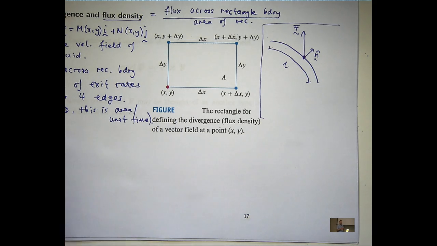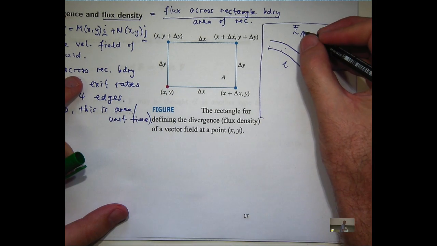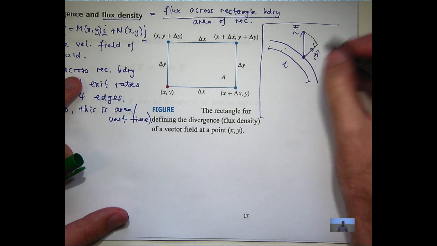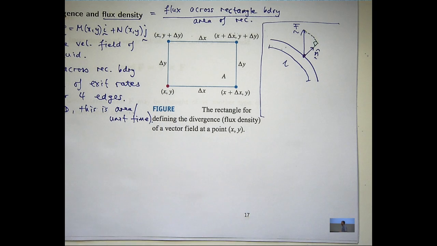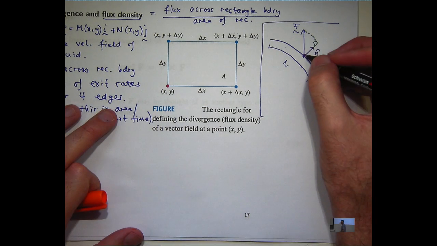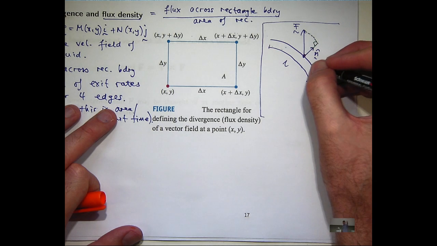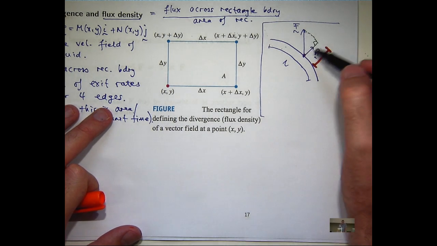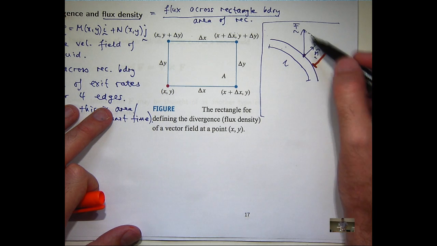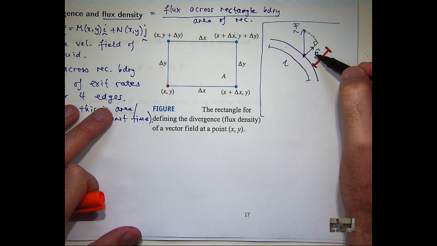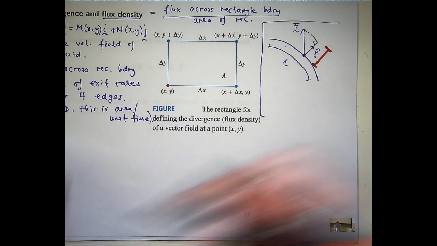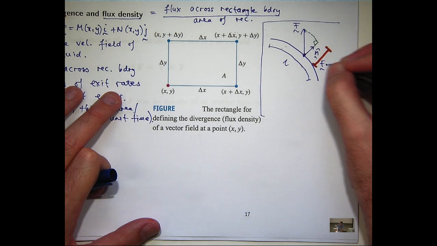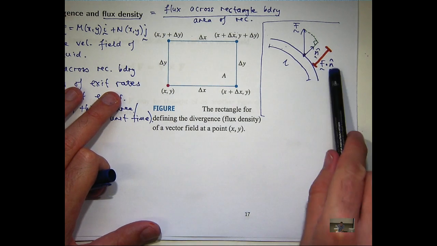Now what I can look at is the component of my vector field in the direction of that unit normal. This length here is, in this picture at least, the component of my vector field in the direction of the unit normal to this curve, and I can compute that by taking the dot product of F with this unit normal vector.